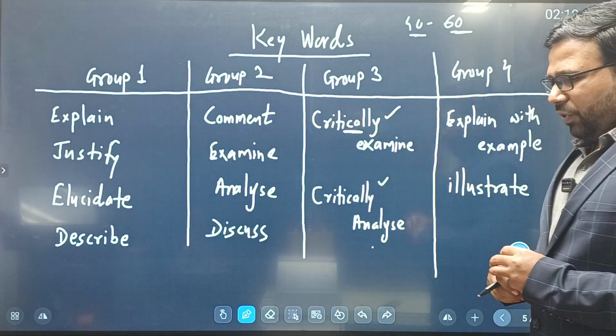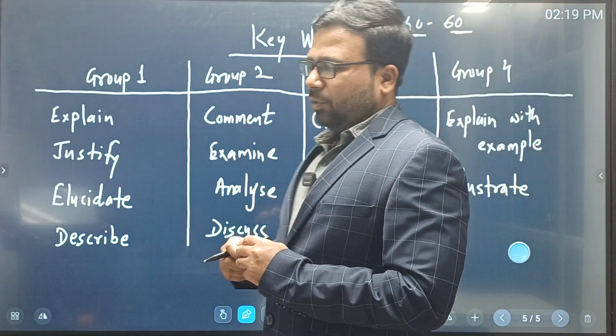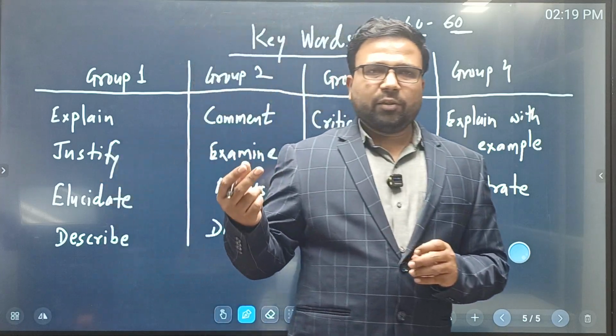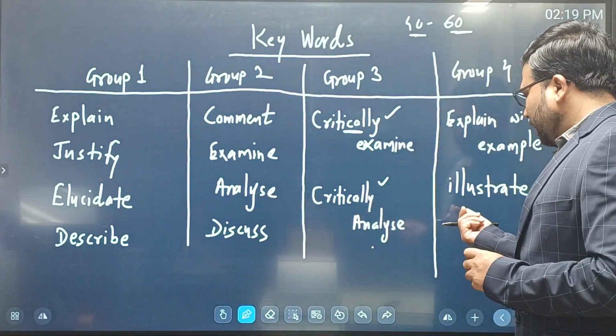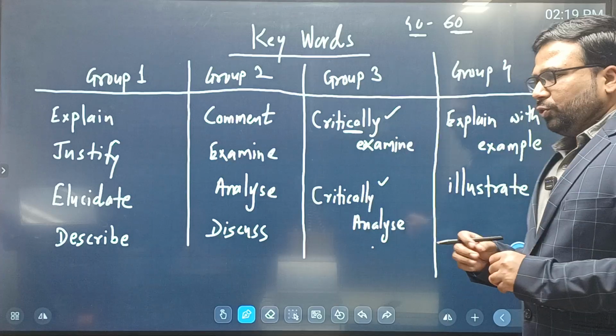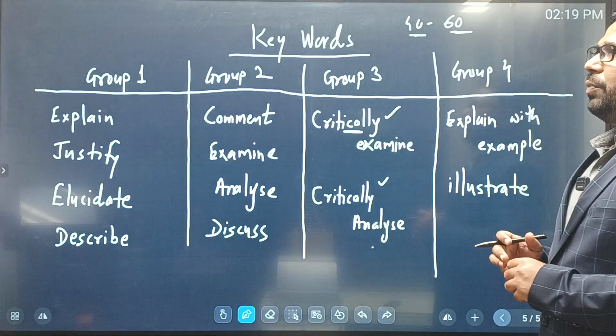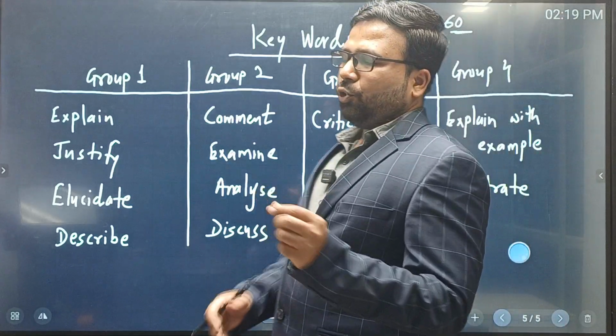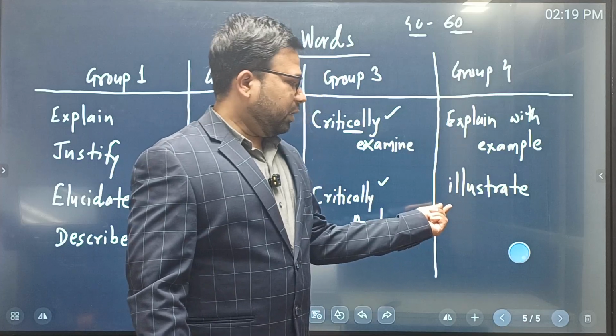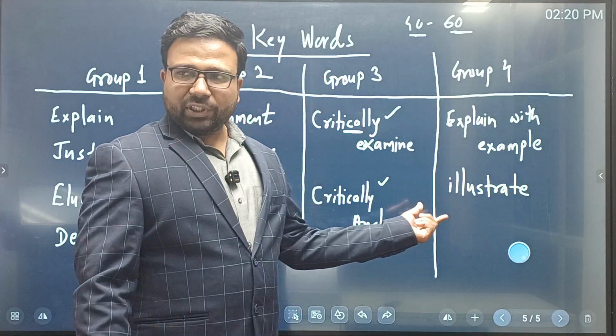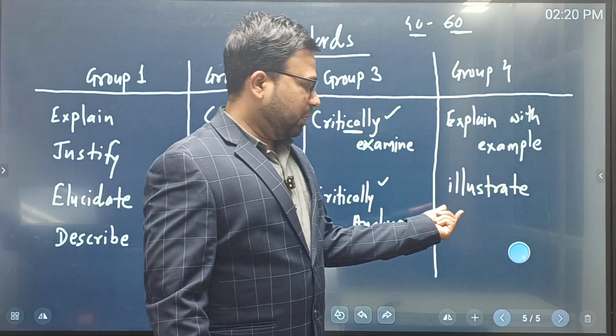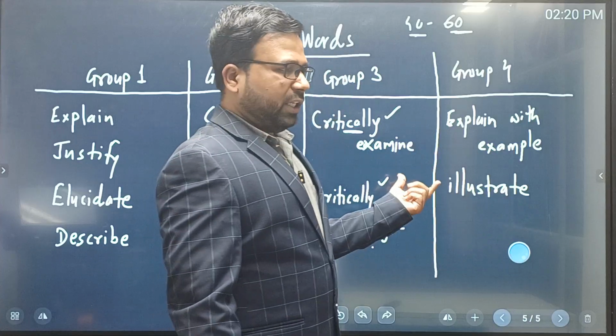So when we write that point in 1 or 2 lines, now the example should be more specific. For instance, the 2G scam, the Commonwealth scam. These are old examples.